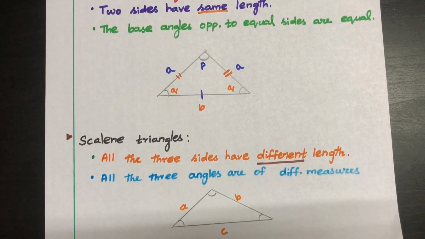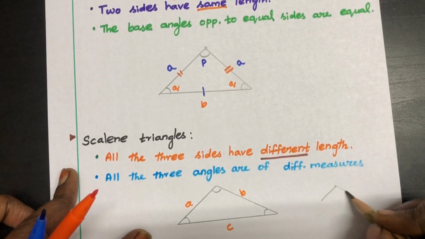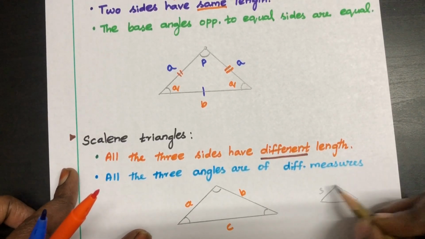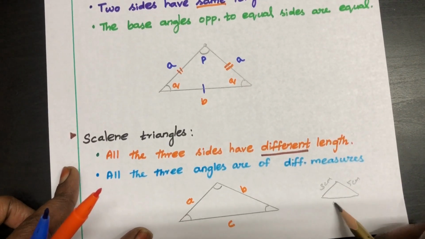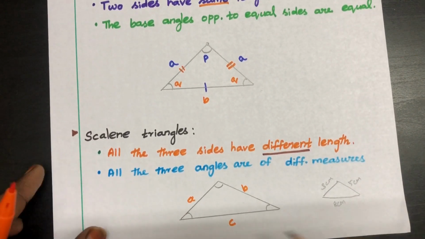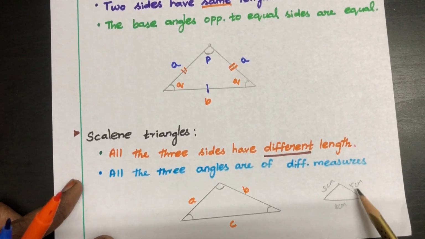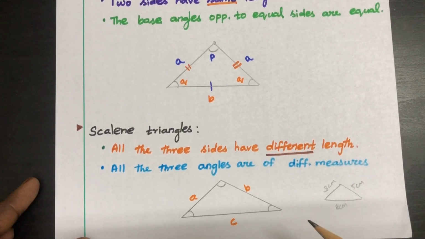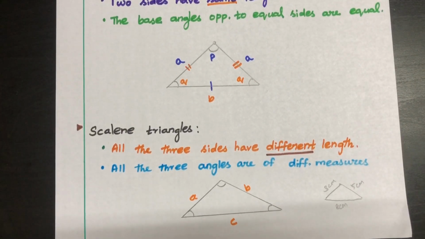For example, it may be 3 centimeters, 5 centimeters and 8 centimeters. All are different, that is a scalene triangle. If all the lengths are different, then obviously all the angles inside must be different only. So it must have different angles.